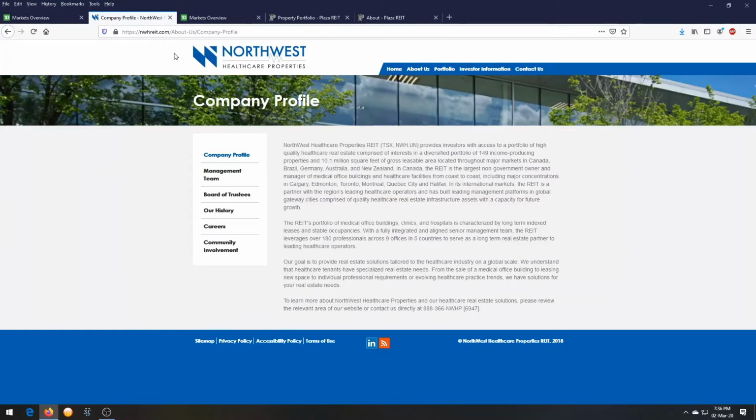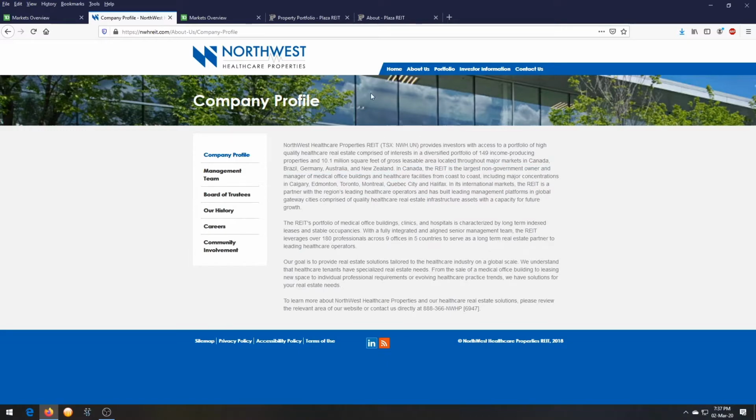Let's go on the company's website just for fun. Every REIT will have their own website, and this is where you can read up on some additional information on their properties and where they're located. If we read through this one, they have 149 income producing properties, 10.1 million square feet in Canada, Brazil, Germany, Australia, New Zealand, and some more information.